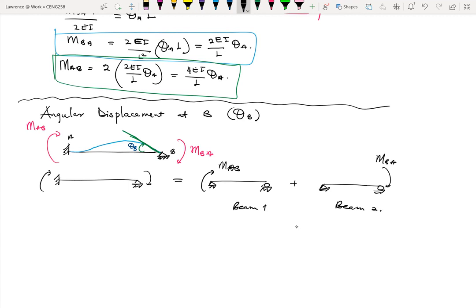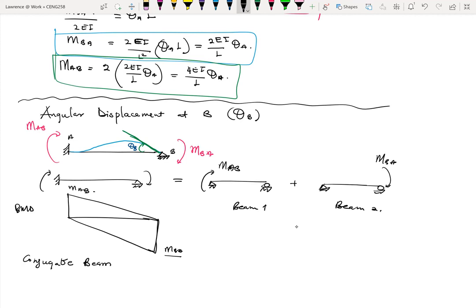If you go by that approach, you end up with the same bending moment diagram as in the previous case for theta A. The diagram will again take this shape, with MBA here and MAB there.